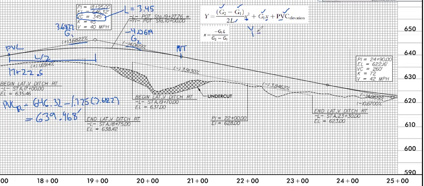So Y equals G2 minus G1 over 2 times L. So that's going to give us that A term of negative 1.122 times x squared plus G1 times x, or G1 is 3.6822 times x, and then plus our PVC elevation, that's the 639.968.